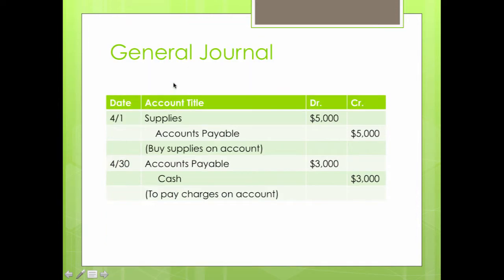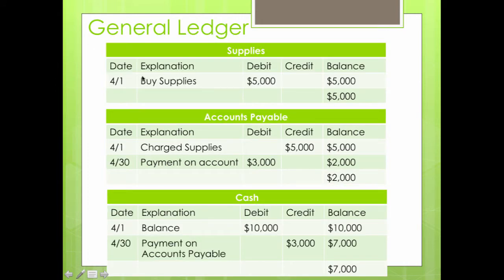For supplies, if you notice in all of these on this general journal, there's only one transaction that's related to supplies, which is the first one. I don't see another supplies account after that. That's the reason why in the supplies account here for the general ledger, there's only one transaction.